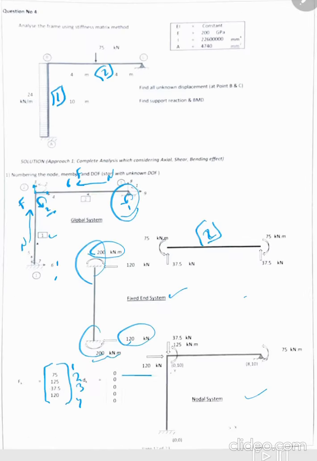And let me, this is 5, 6, 7, 8 and 9. Okay. Then take each member alone and find the lambda x and lambda y.